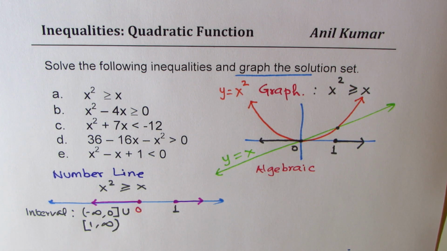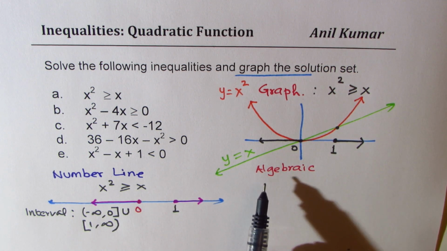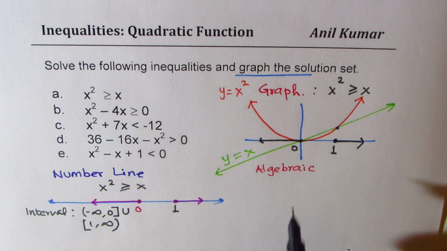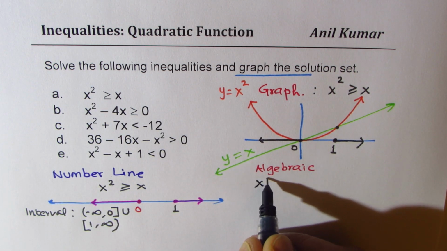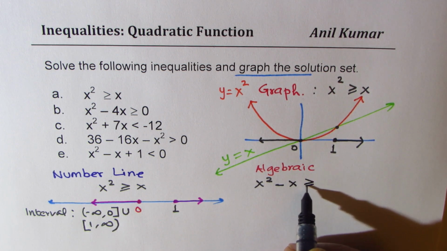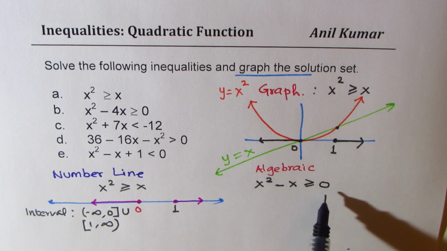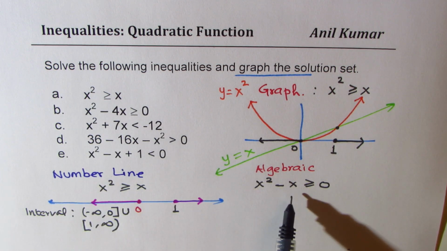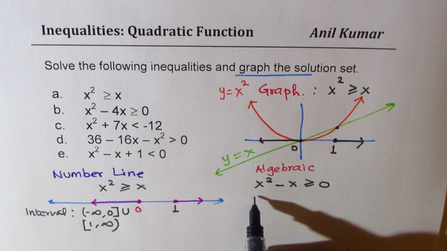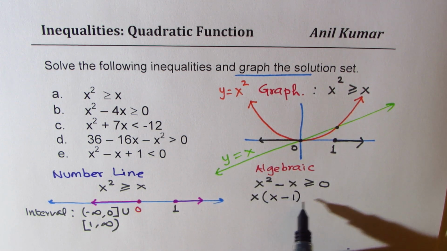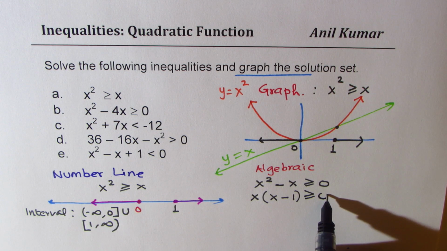Now, let us also see how to find algebraic solution. To find algebraic solution, we bring them together on one side. So I could write this as x squared minus x is greater than equal to 0. Now we could factor. So if I factor, I get x times x minus 1 is greater than equal to 0.